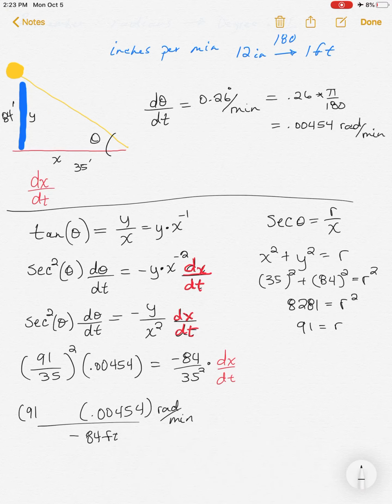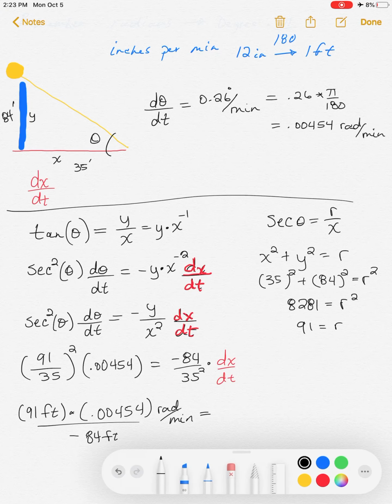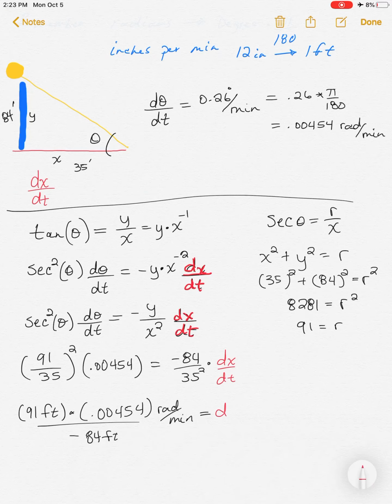Units are important. All right. Equals dx dt.